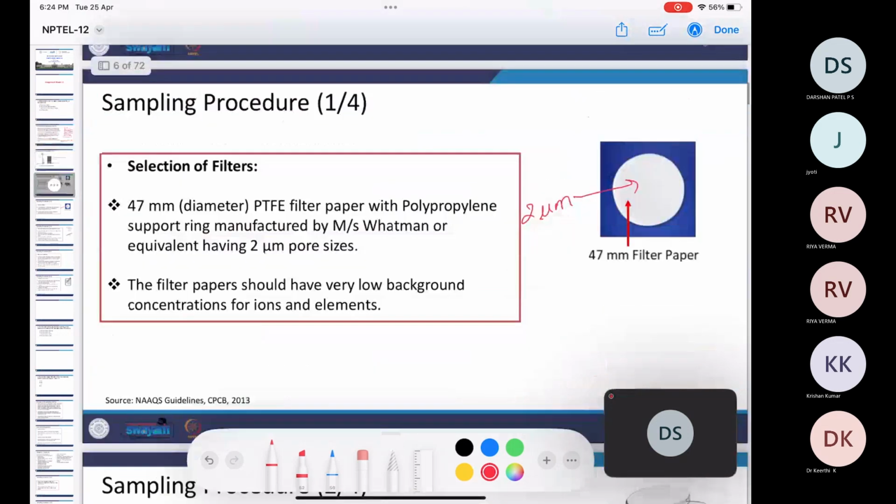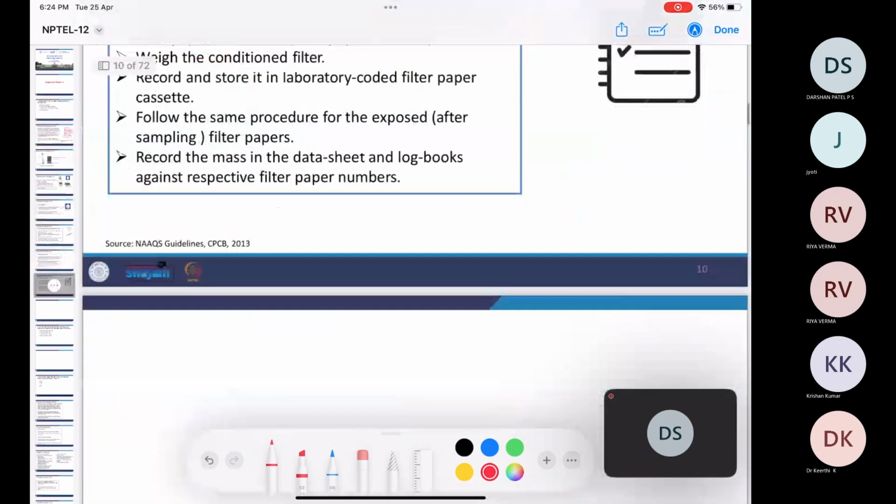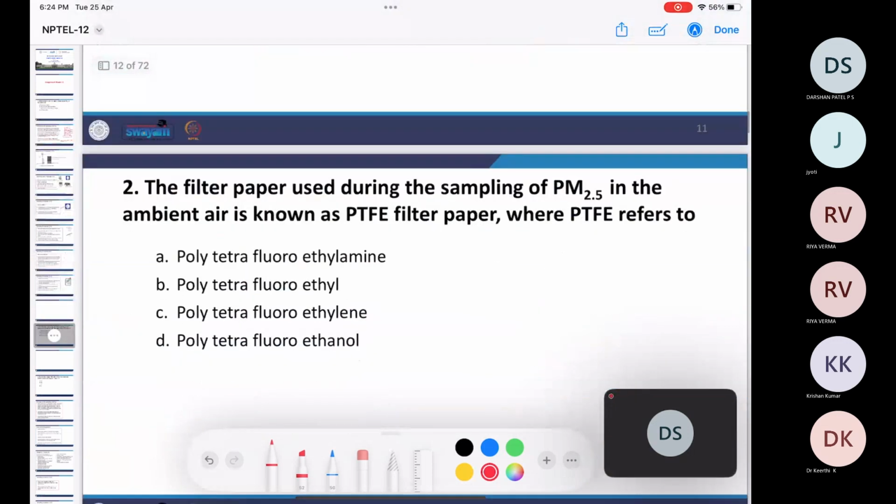Now, for the next question: the filter paper used during the sampling of PM 2.5 in the ambient air is known as PTFE filter paper. And this PTFE refers to option A, polytetrafluoroethylamine, then polytetrafluoroethyl, polytetrafluoroethylene, and polytetrafluoroethanol.